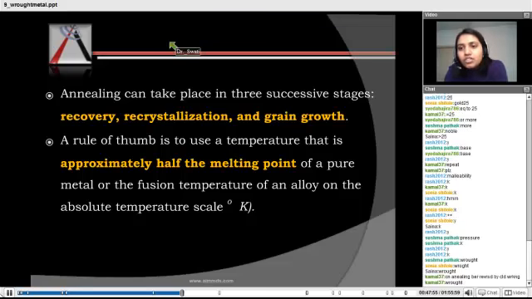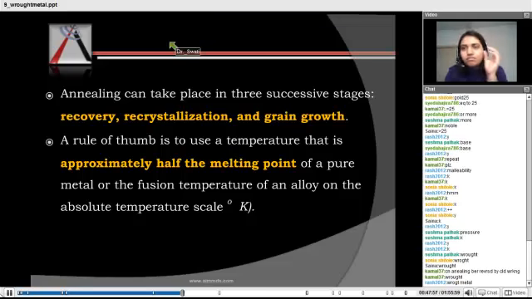Kamal, after annealing we actually get the basic property of the cast, right? Now if you cold work again, you can get a wrought metal, or if you want to heat it and age harden it, you can go ahead and age harden it. Metal has the property of getting converted from one form to another. You can actually alter its properties by these heat treatments.